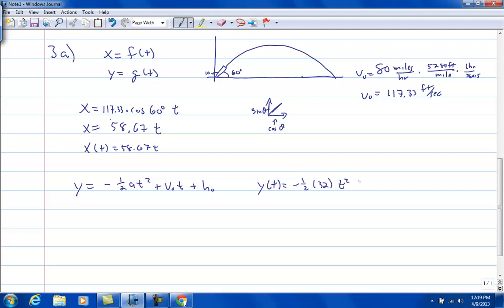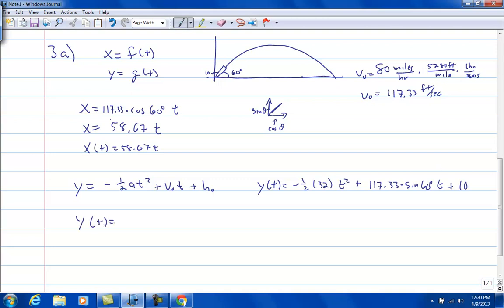times t squared plus, now our v naught, so if we look at the initial velocity for the vertical part, that's going to be our 117.33 times sine of 60 degrees times t, and our initial height is 10 feet.